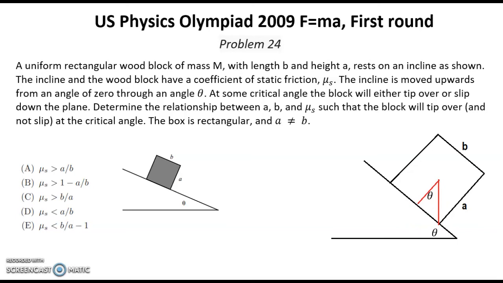So this is our formula. It means that this block will tip over when tangent theta, or mu static, is greater than b over a. That's the answer for the question, which is C.